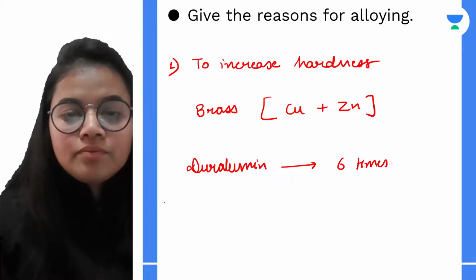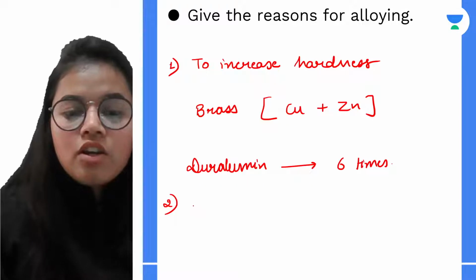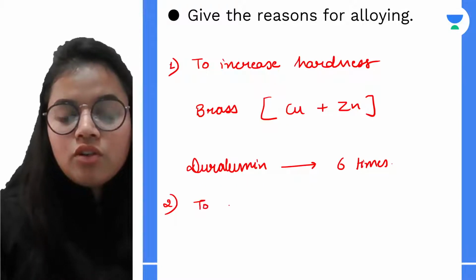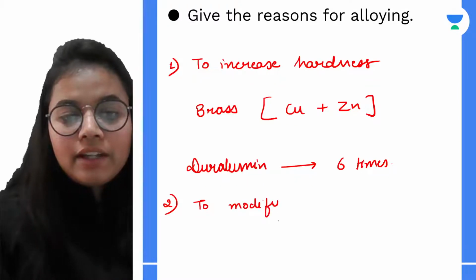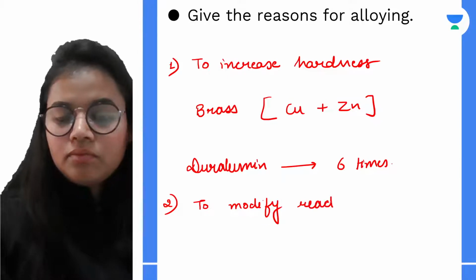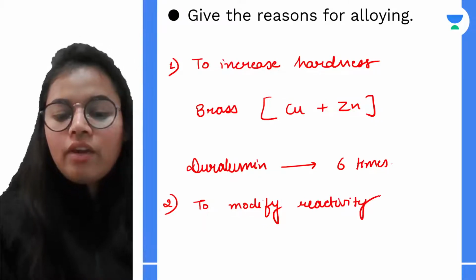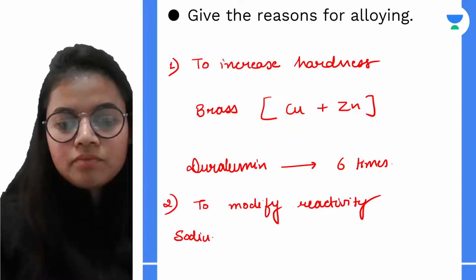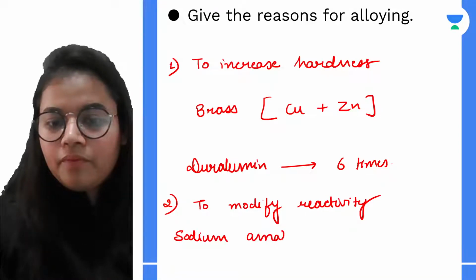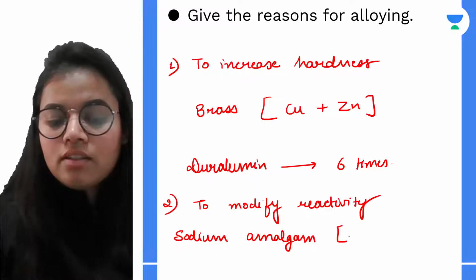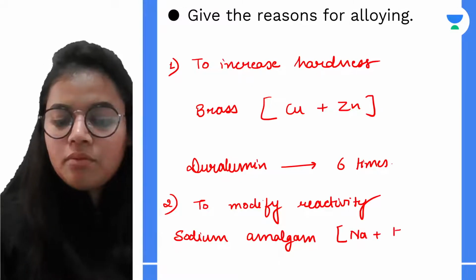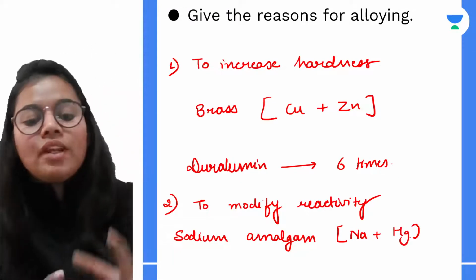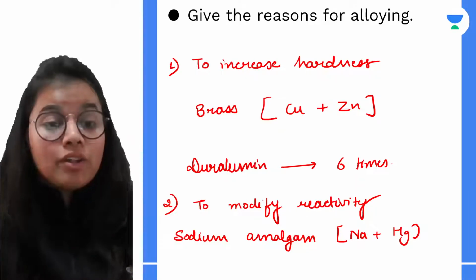Next is to change or to modify reactivity. So for example, if I talk about sodium amalgam, that is sodium plus mercury. We all know that sodium is a very reactive metal.